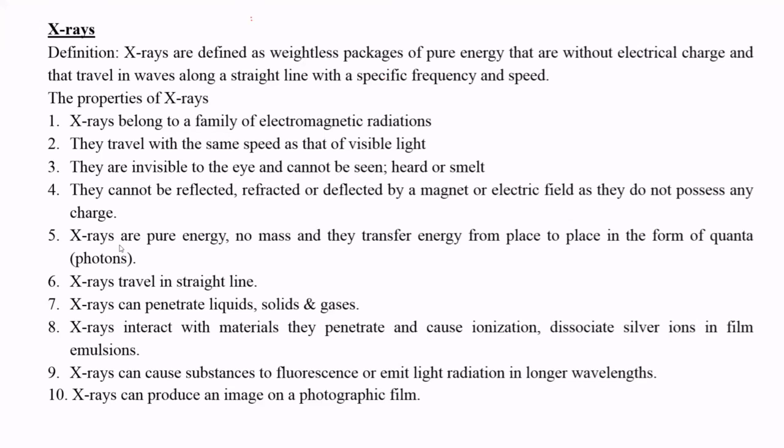Next, light can reflect, refract, and deflect, but X-rays cannot be reflected, refracted, or deflected by a magnetic or electric field. If you take a magnet and put it near the X-rays, it doesn't affect them.